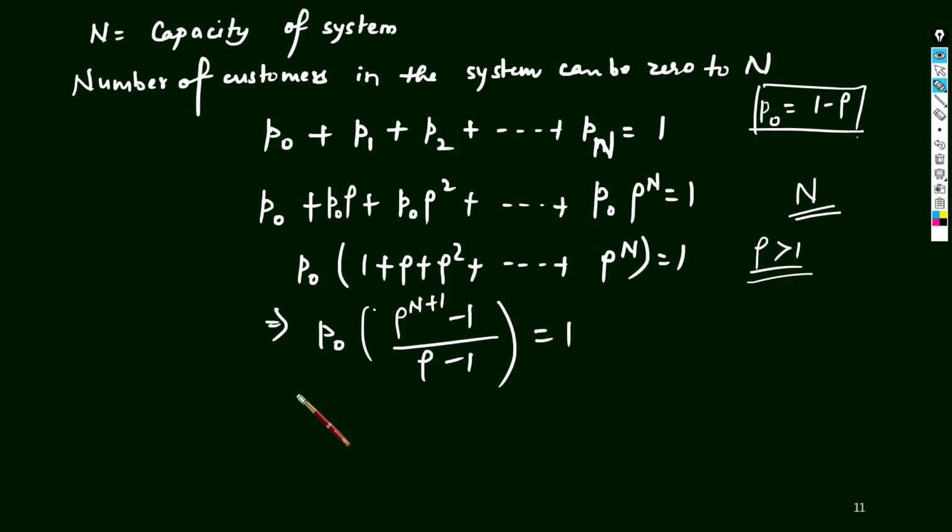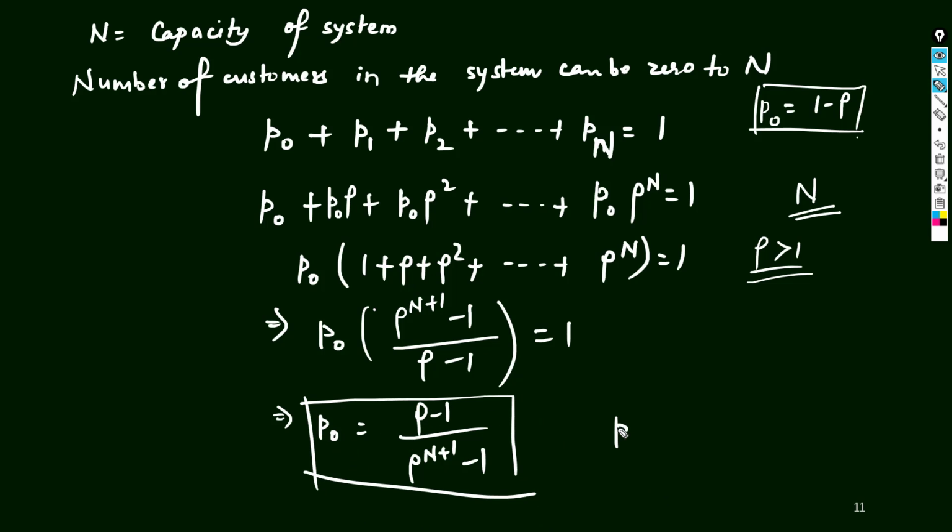Same thing. So here P naught is equal to rho minus 1 divided by rho to the power n plus 1 minus 1. This is the formula for P naught. And Pn, obviously, will be P naught into rho to the power n. This is another formula. So just take this.